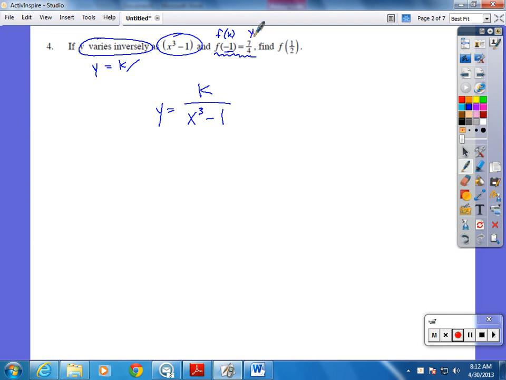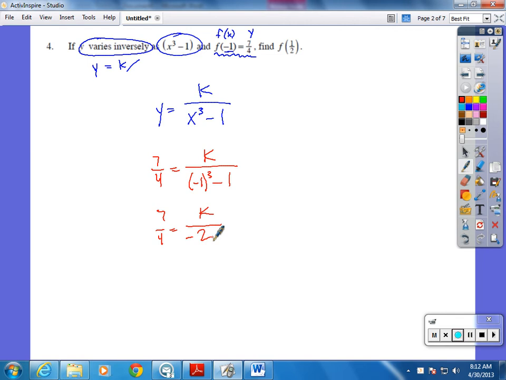The y value. Okay, so we substitute for x, we substitute for y, and then that will allow us to solve for k. So 7 over 4 equals k divided by negative 1 cubed minus 1. And then from there you simplify. 7 over 4 equals k divided by negative 1 cubed is negative 1 minus 1 is negative 2.